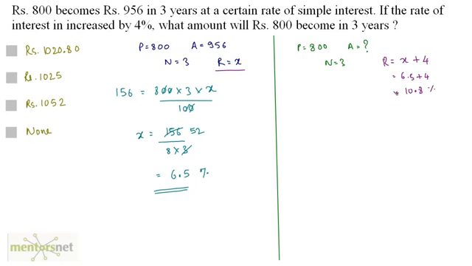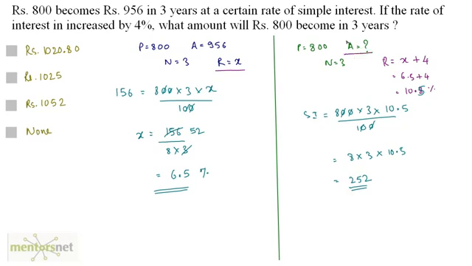Let us calculate the simple interest now. The simple interest is basically equal to PNR upon 100. That's 800 times 3 times 10.5 upon 100. These zeros get cancelled out, and we have 8 times 3 times 10.5, and that is equal to, when solved, you get 252 as the interest.